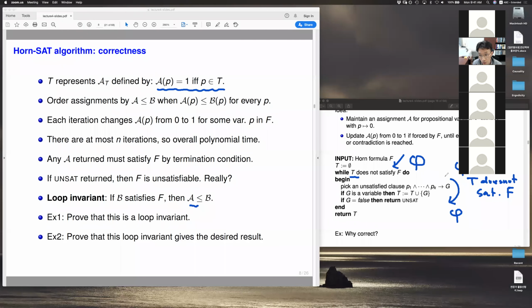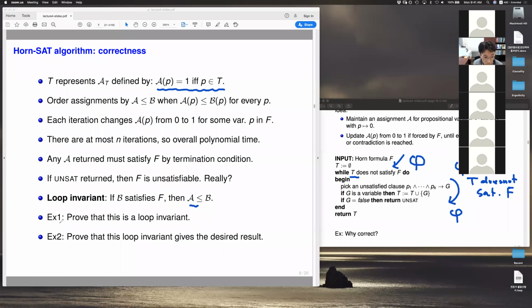If these two properties hold, phi is called an invariant. The inductive invariant is sometimes just called a loop invariant. If you show both of them, that implies phi is going to be true all the time whenever we reach this loop, because it's true in the beginning and it's maintained by the body of the loop.